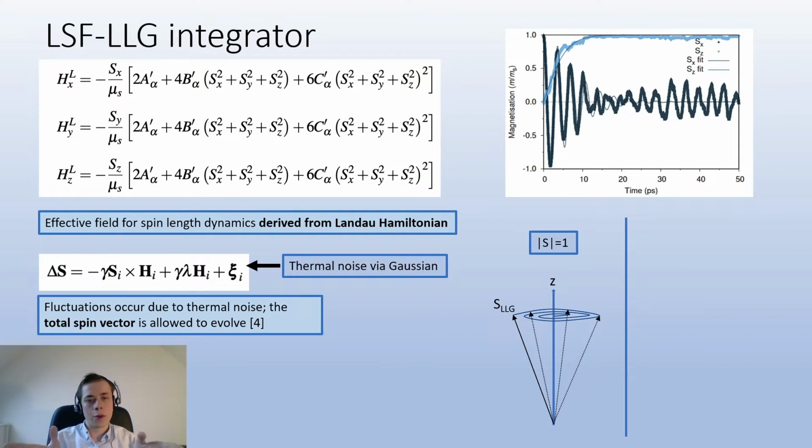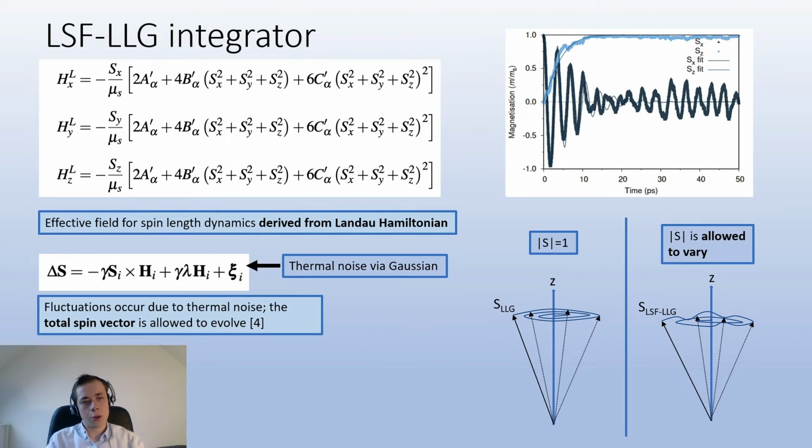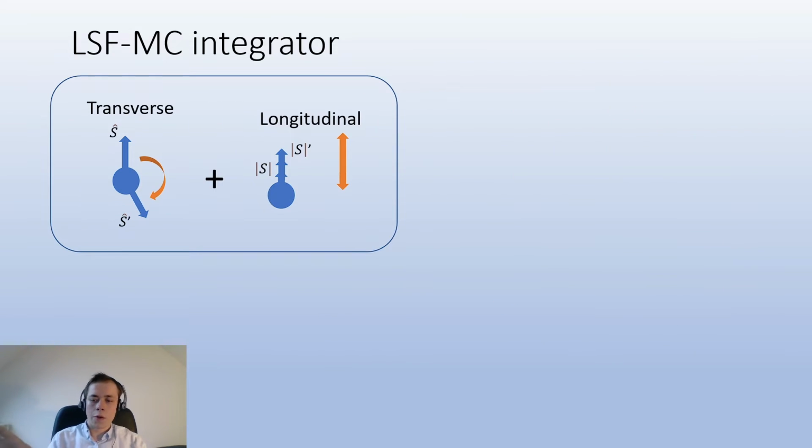For a standard LLG integration, I've included an illustration here which demonstrates that the spin length is constrained to 1, and you're essentially only seeing movement in the transverse space, whereas once you include longitudinal spin dynamics, your length is also allowed to change. So to talk a bit about the LSF, the longitudinal spin fluctuations, and Monte Carlo-like integrator scheme.